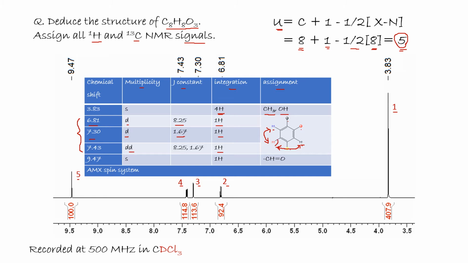And this hydrogen will be a doublet of doublet. The signal at 9.47 is characteristic for an aldehydic hydrogen, a singlet, 1H, CHO.